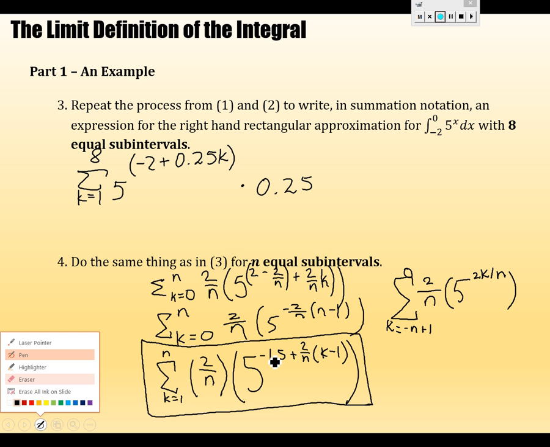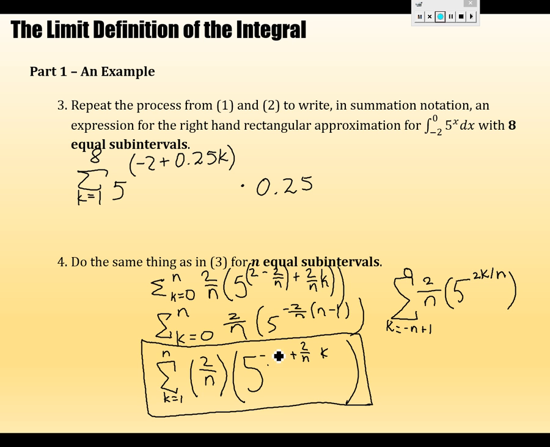Here, let me, I think if we start with, what do we need to start with? Negative 2, right? Does that work? Try that now. If you plug in 1, do you get the first delta x away from negative 2 here?